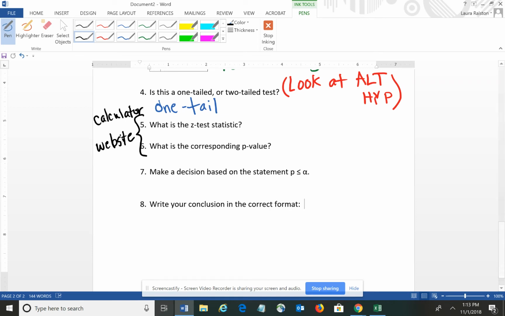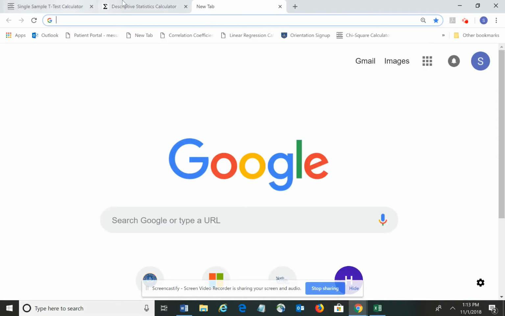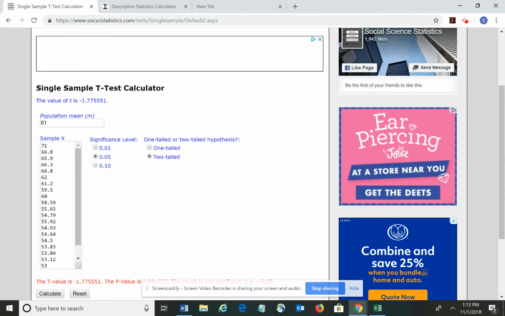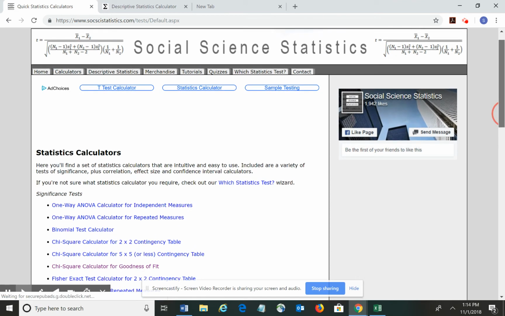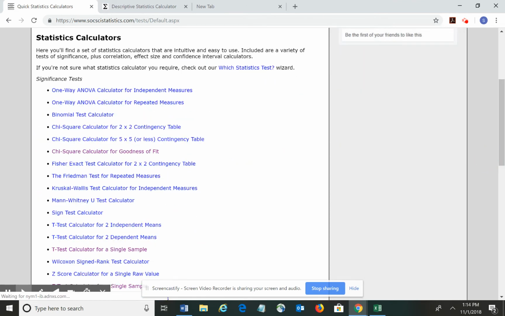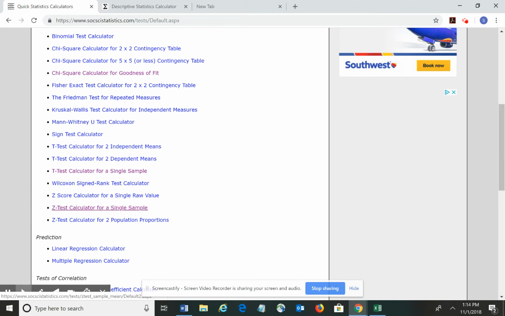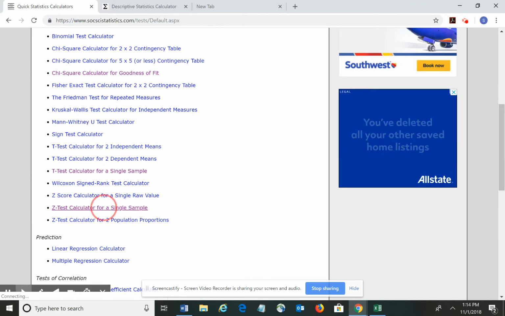So let me see if I can pull that up for us, and we'll take a look at it. Okay, so we go out to the SochSci website, and we select z-test calculator for a single sample.